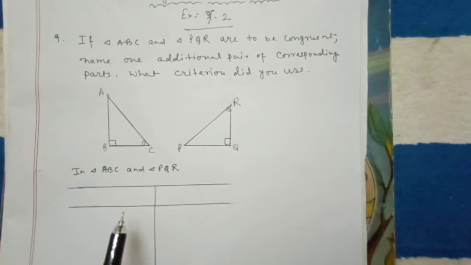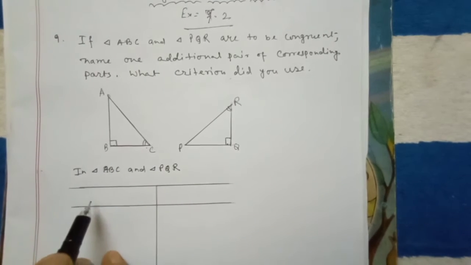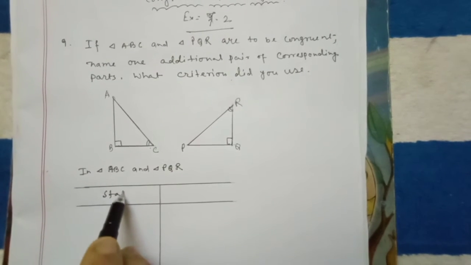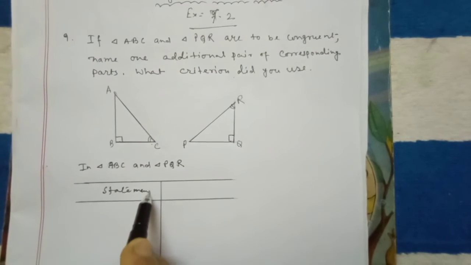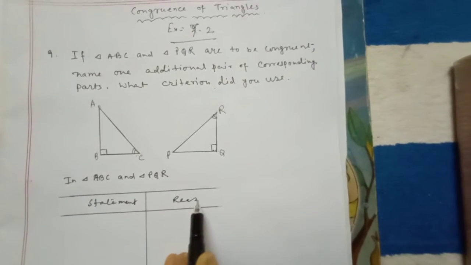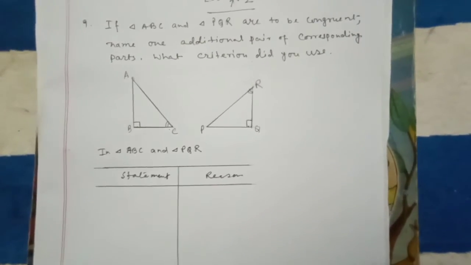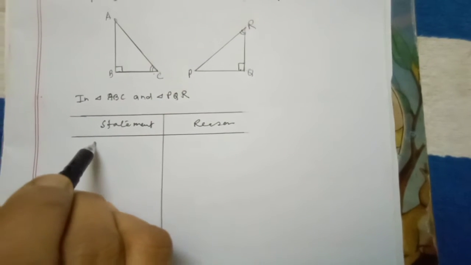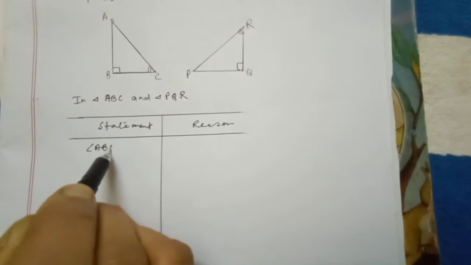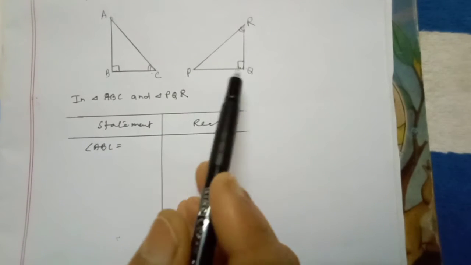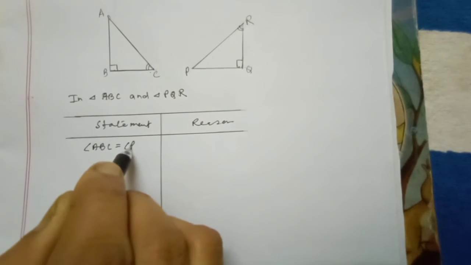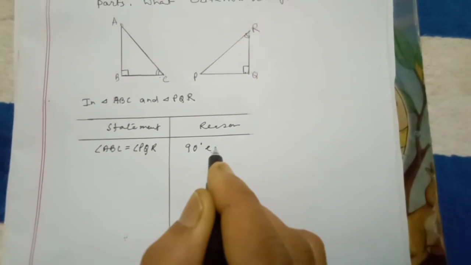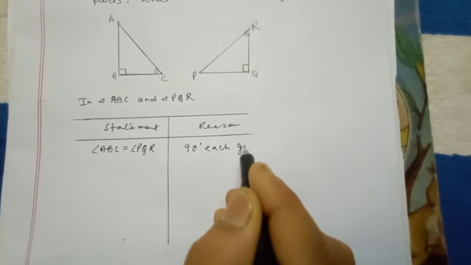So first, in triangle ABC and triangle PQR, statement and reason you have to write in this way. Now here what is given: in triangle ABC and PQR, angle ABC equal to angle PQR, 90 degrees each, given.